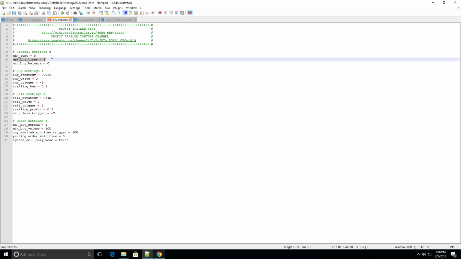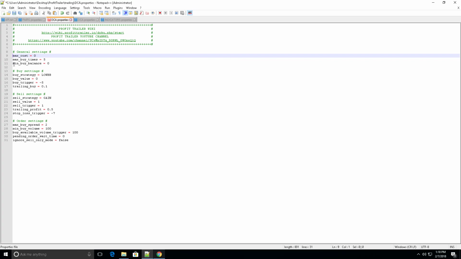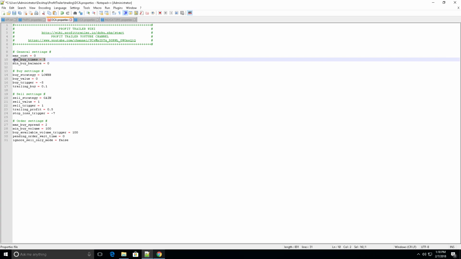It can mess up these max buy times, so the bot just miscounts the times it has already DCA'd, and it can be really bad. So if you want to be on the safe side, you definitely want to use max cost and min buy balance instead of max buy times. I use max buy times personally, and I have never run into that problem, but a few people already reported it, so I just want to let you guys know.